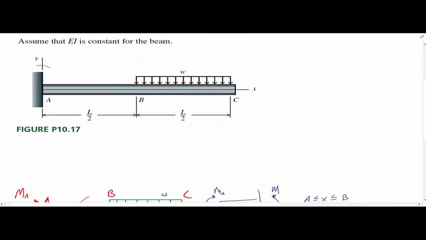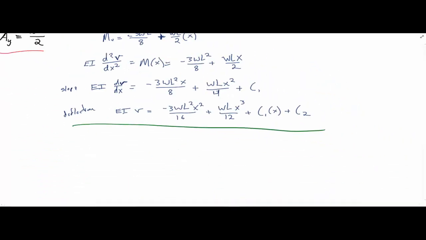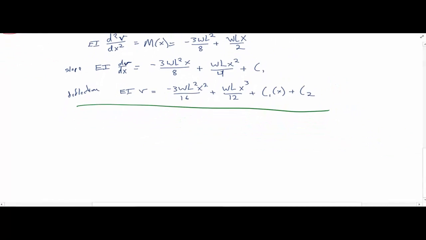Since we have a fixed connection here, when x equals 0, our slope, the derivative of deflection with respect to x, will also equal 0, and we can say our deflection equals 0. These boundary conditions will help us figure out what our constants of integration are.